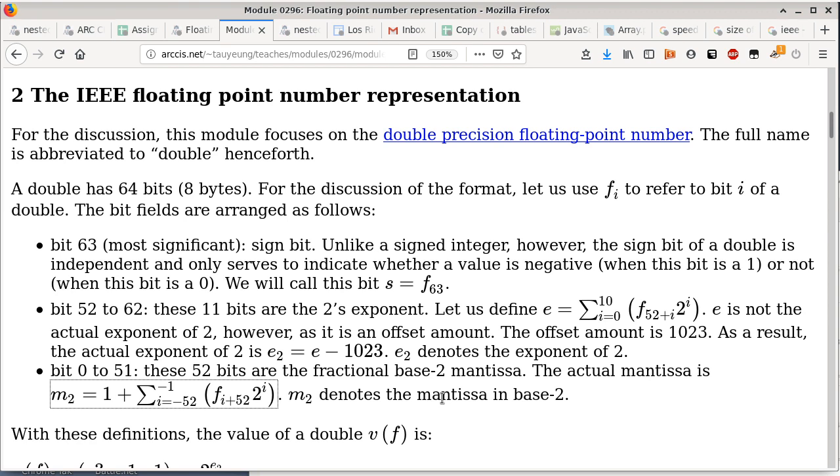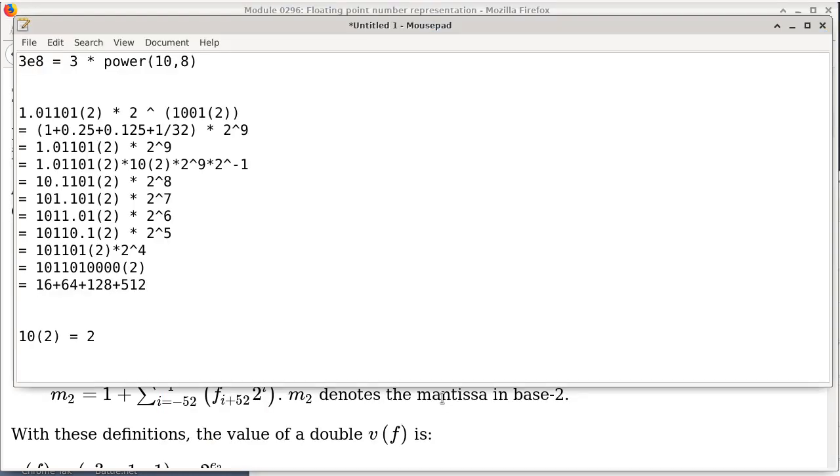So the sigma term is added to a 1, so that we actually end up with 1 point, blah, blah, blah. Okay? So if you are to write out what a number is going to look like, this is what it is going to be like. So the mantissa M2 is basically 1 point. The 1 point is always there.